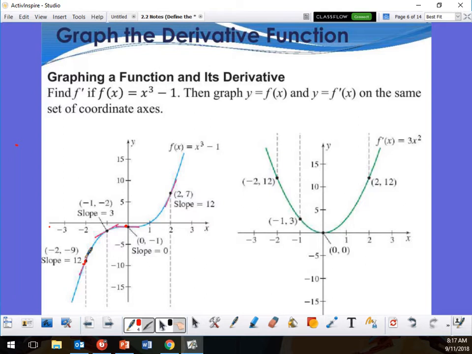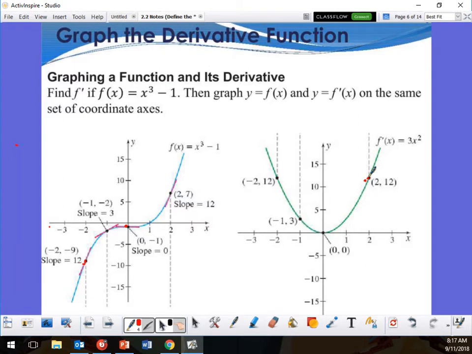If I were to extend this out and get a straight line, my rise would be 12, up 12 to the right 1. Same thing on the right-hand side: when x is 2, my slope is also a positive 12. So I go back to my function, and my slope is a positive 12. Does that help out a little bit?